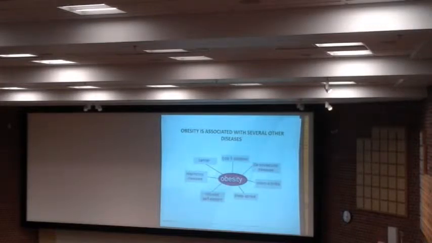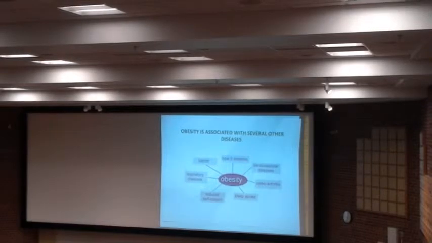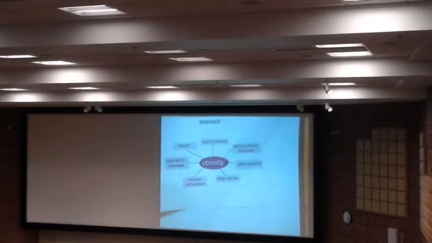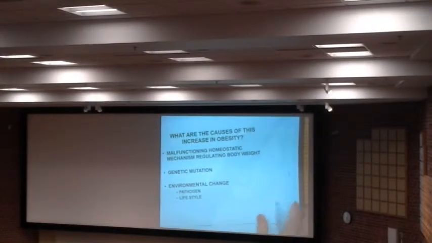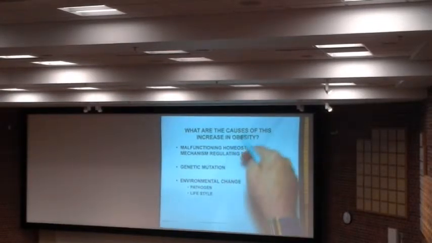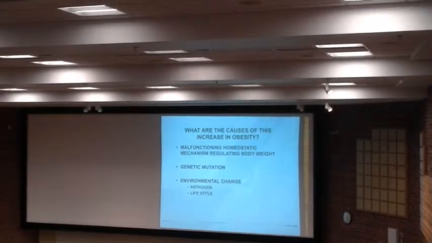Where are these homeostatic mechanisms today that regulate weight? If the amount of obesity in a population is increasing, that raises the question, what are the causes of this increase in obesity? First of all, do we have homeostatic mechanisms that regulate body weight, that keep body weight at a constant value?